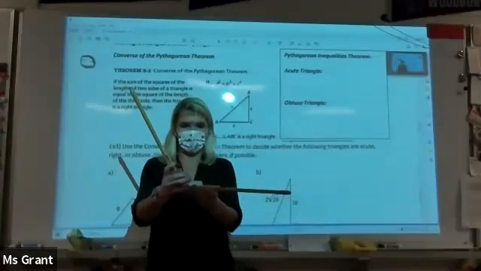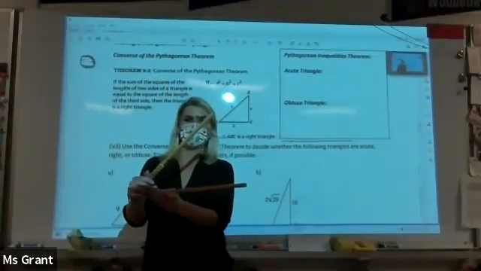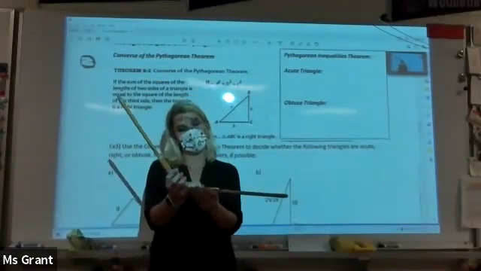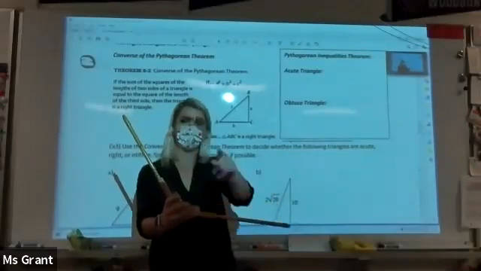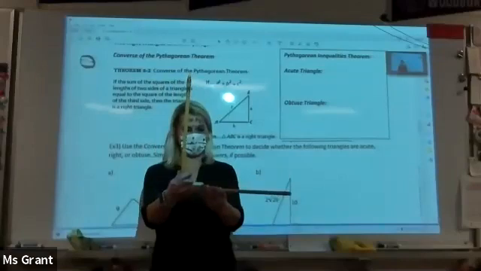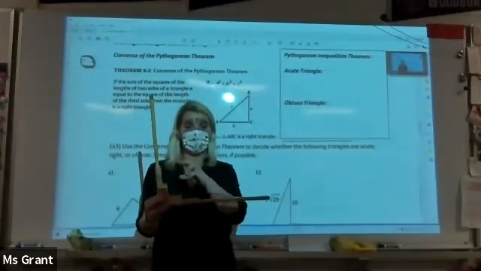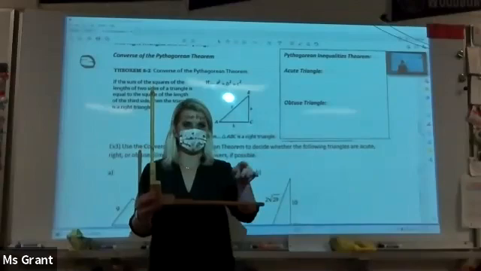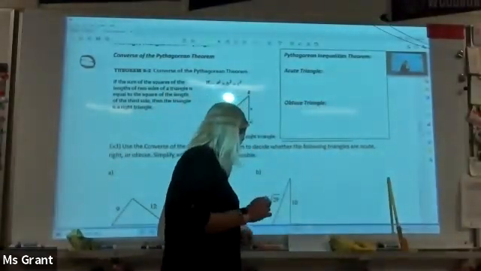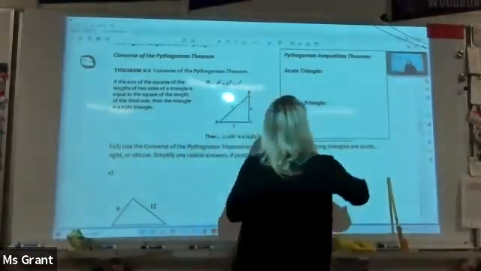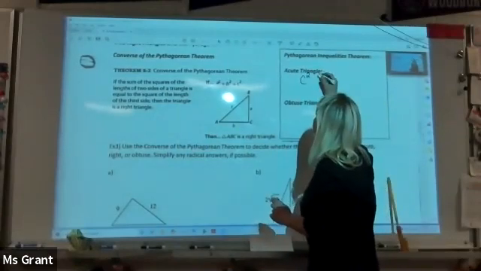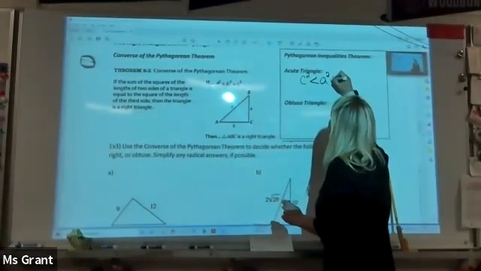I look and I say, is the hypotenuse super short? Oh, then this is the shortest side. Is the hypotenuse now really big? Oh, then this is way the biggest side. Only here, perfect 90-degree, do I get equal. This plus this equals hypotenuse. So what happens is when I have an acute triangle, my hypotenuse, C squared, is less than my two legs.